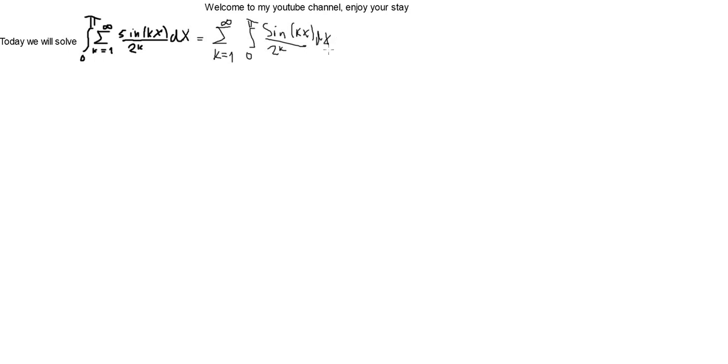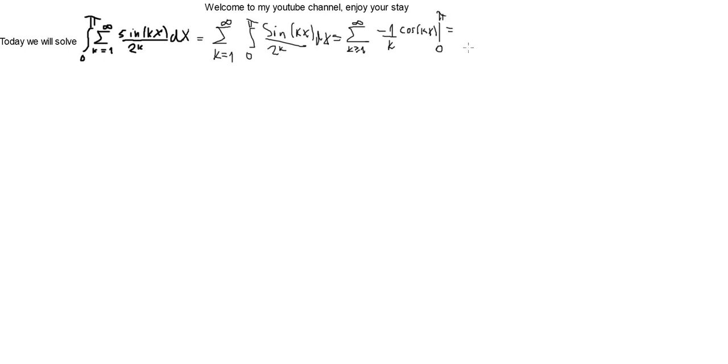This is an easy integral with respect to x. So we will have a sum running from k greater or equal than 1 to infinity of minus 1 over k cosine of kx going from 0 to pi.